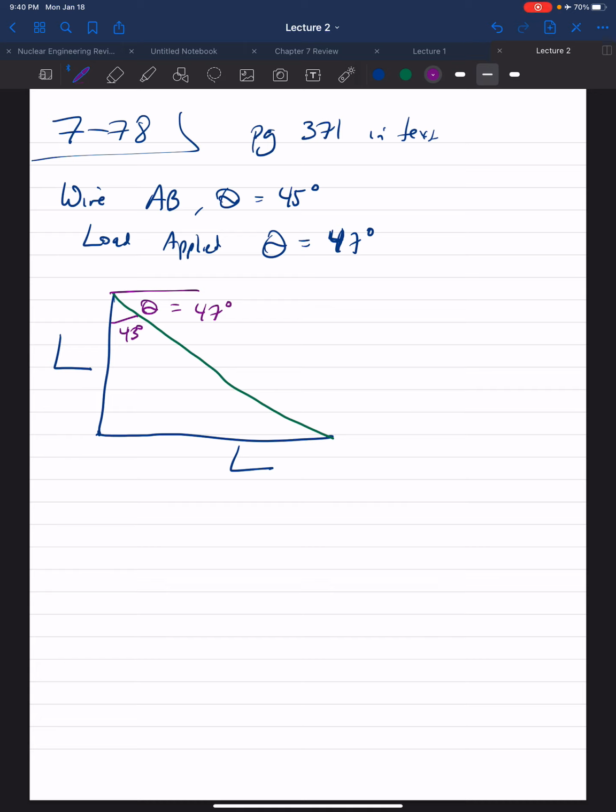So then we have a new length, we'll call it L prime. The load is applied, which caused the wire to stretch, which changed the angle. So now it wants to know the normal strain in the wire with the new length, once theta became 47 degrees.